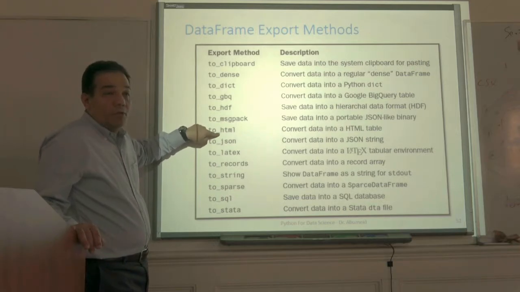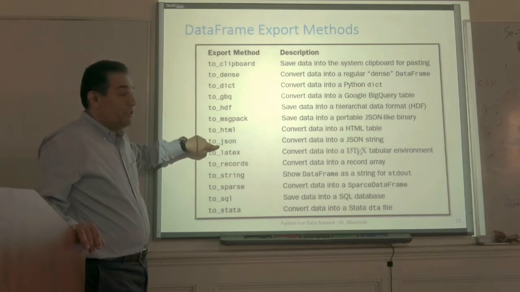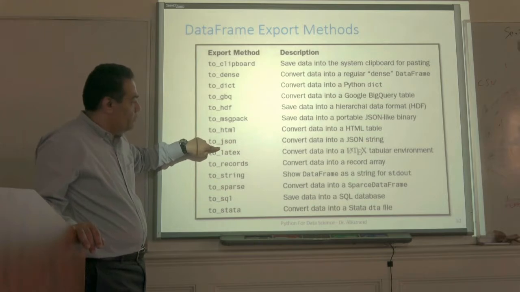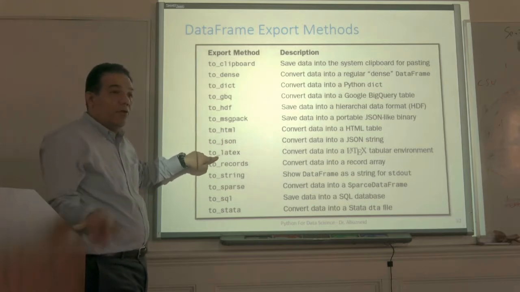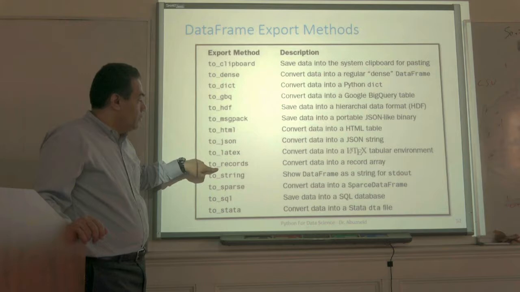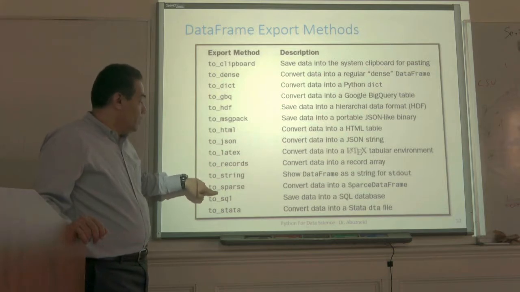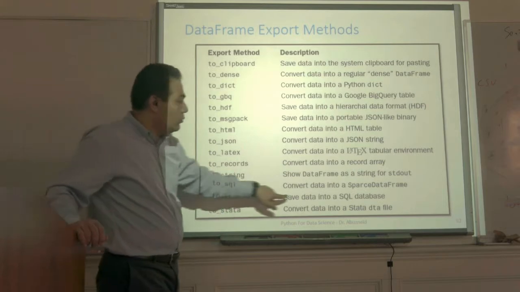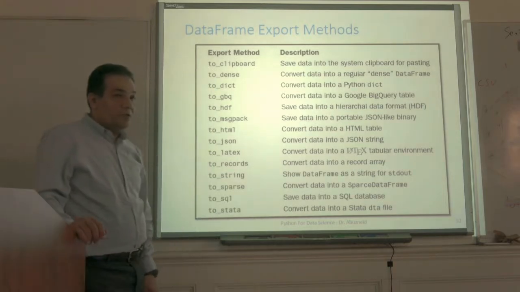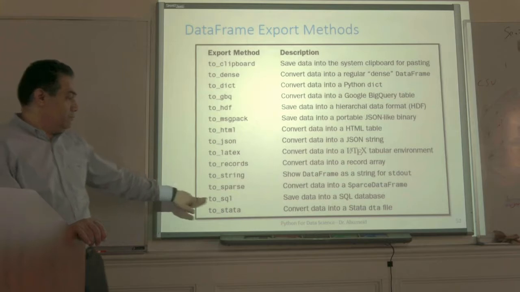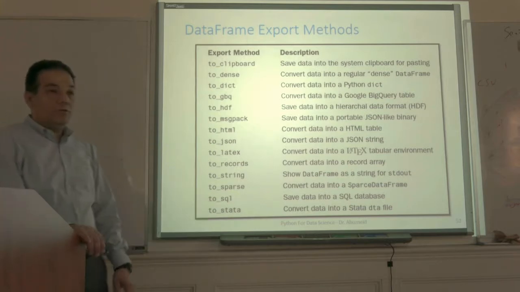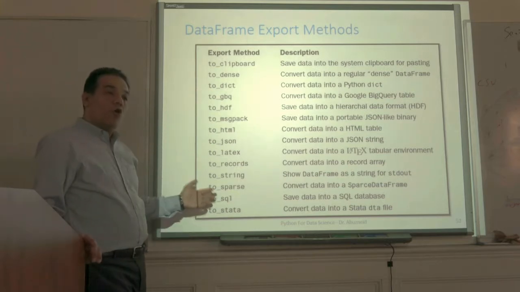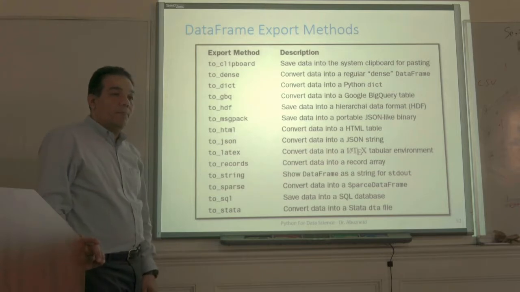JSON, for people who program web pages, saves right away to JSON. To LaTeX, which is like formatting text. You could do records, to string, to SQL. I don't know what kind of SQL, since there are different database management systems, but there's an option, and I'm sure there may be more options than this also. That way you could save it too.